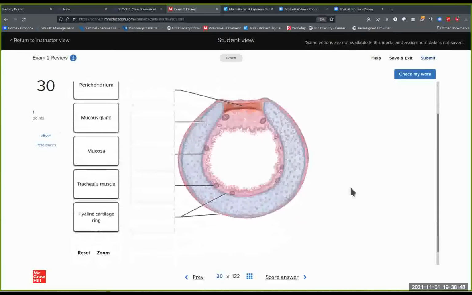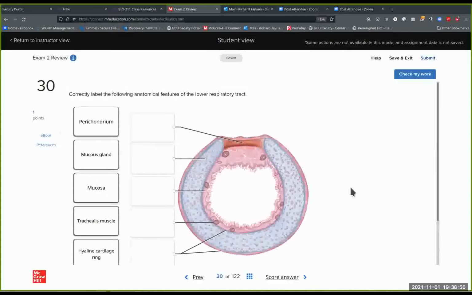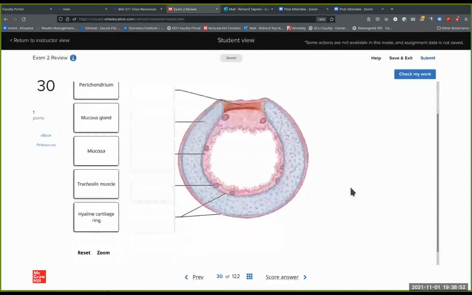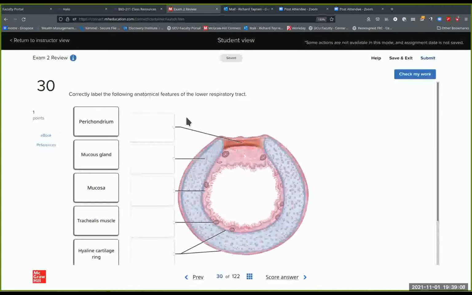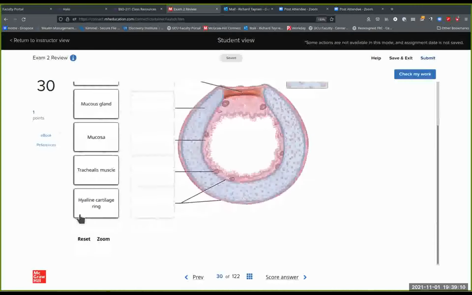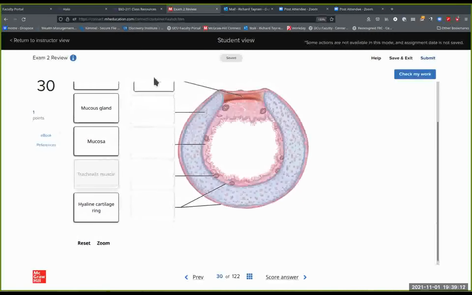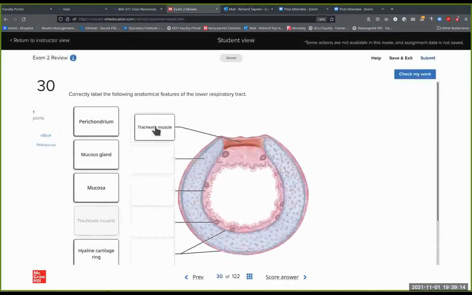So this is the cross section of the trachea. We did a longitudinal section. What is this muscle called? As opposed to the trachealis. Yeah. I suppose somebody could pin that on a trachea that's been removed or bent, or a model.